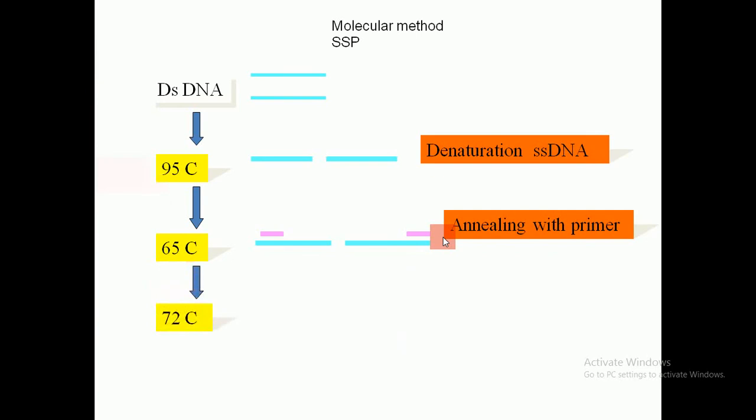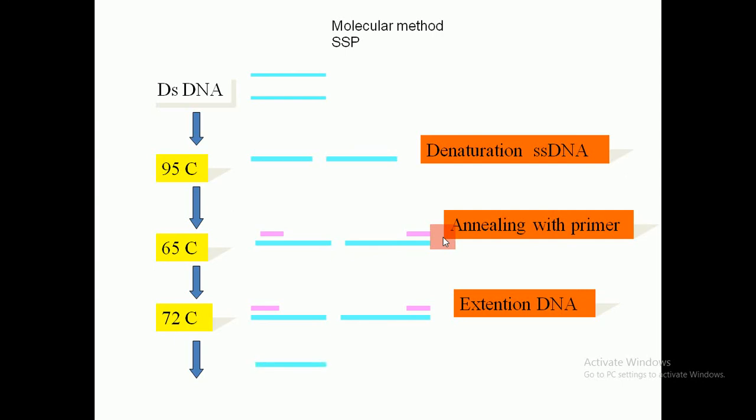And then the PCR machine increases the temperature to 72 centigrade, and here leads to extension of the DNA by the nucleotides.